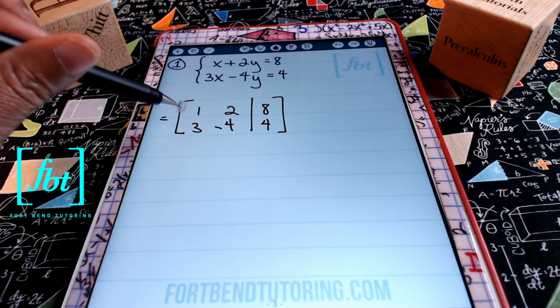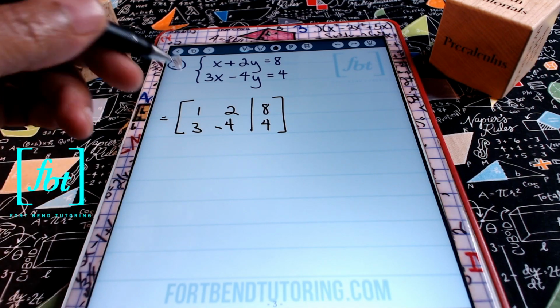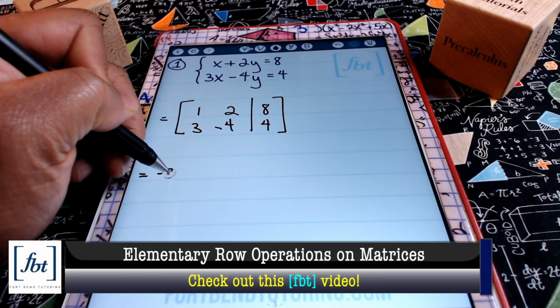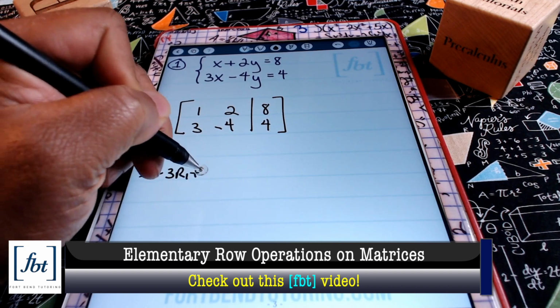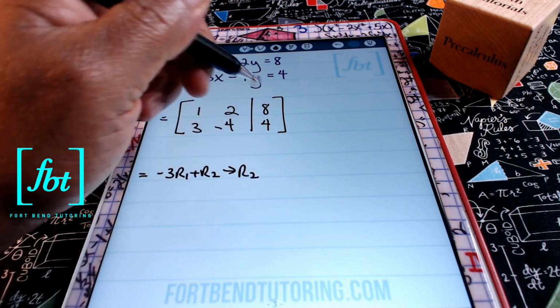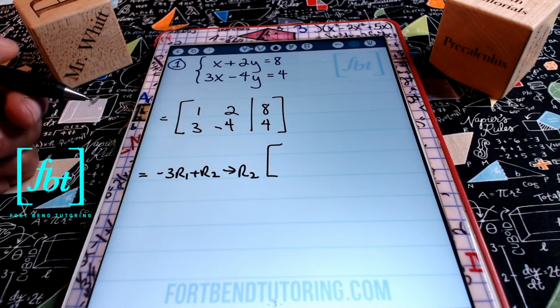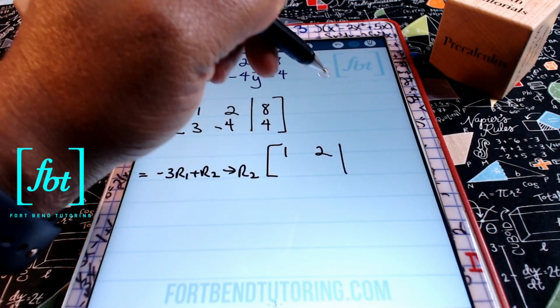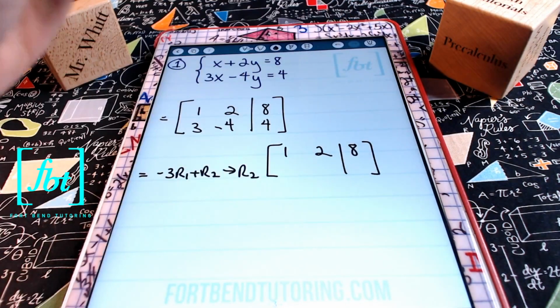So in order to get a 0 here where the 3 is, my row operation is going to be to multiply -3 times row 1, add that to row 2, and then put the result in row 2. That means that the first row will remain the same. I'll have a 1, a 2, then an 8 in that first row.